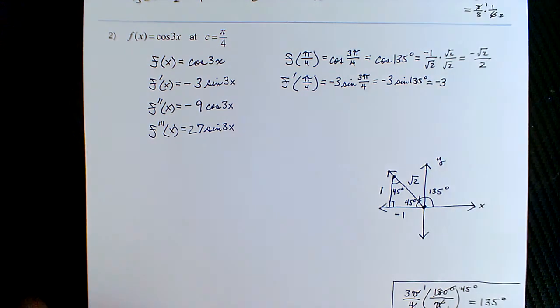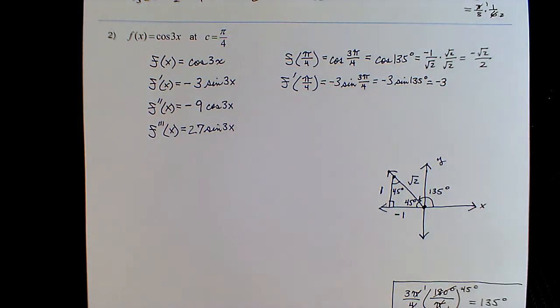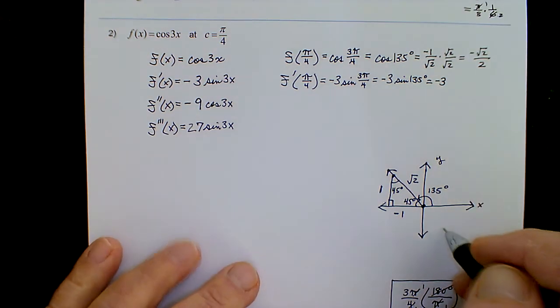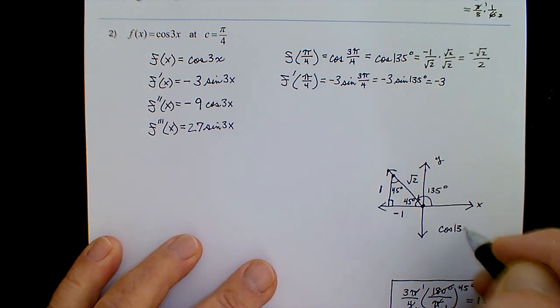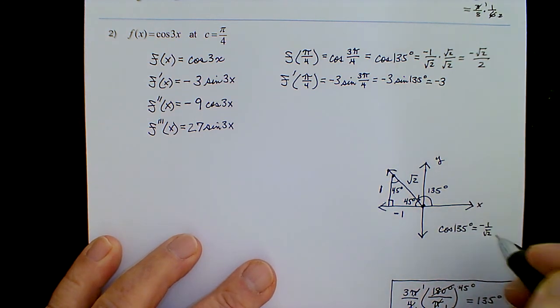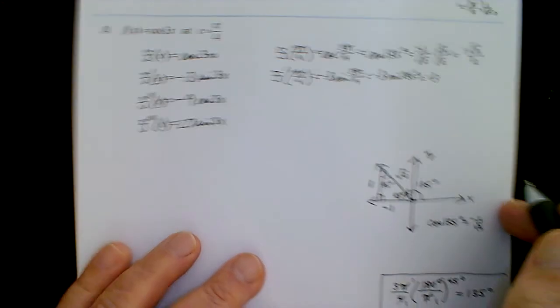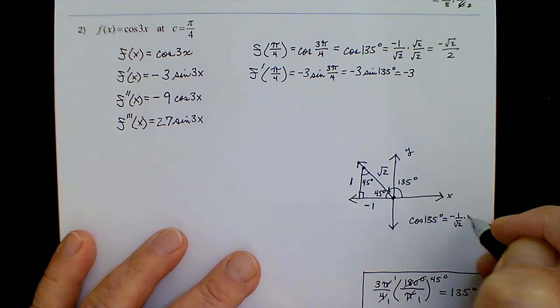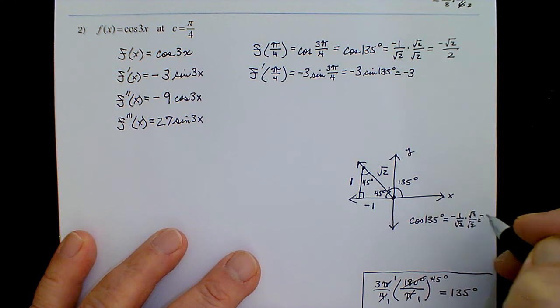So -3. Okay, here we found cosine of 135 was -1 over radical 2, which, let me rationalize it here so we don't have to do so in the future.